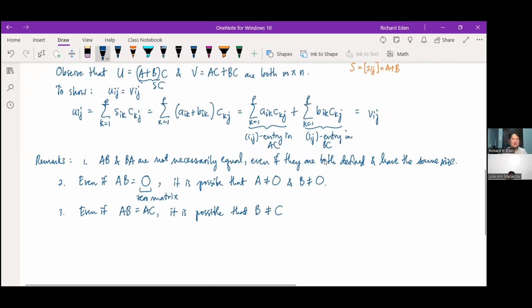Okay. Now, the n by n identity matrix is typically denoted by I sub n. And this is the n by n matrix where all the diagonal entries are 1 and everything else is 0. You've seen this before, yes?